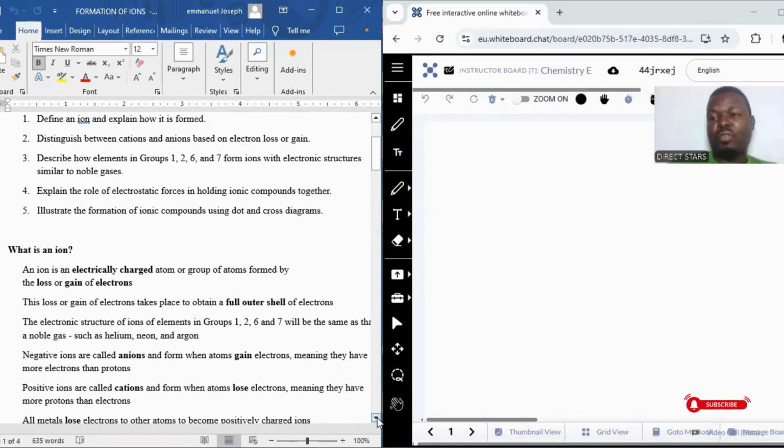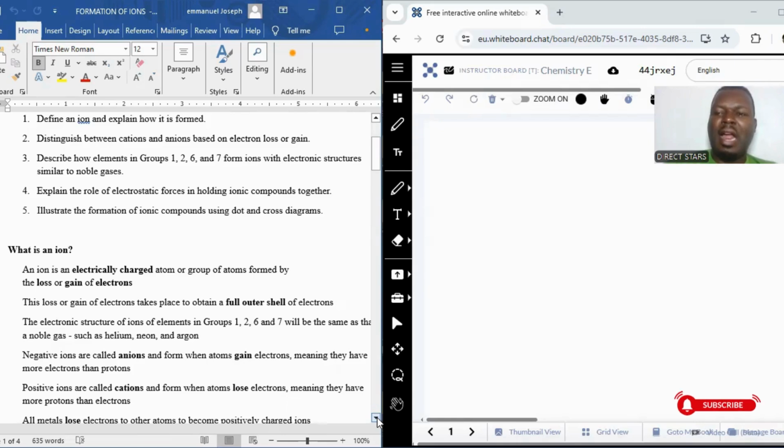A good example of these noble gases are your helium, which has a duplet structure. What we mean by duplet structure is that it has the first and the highest shell of it completely filled by 2 electrons. And when we say octet structure, we mean for those of argon, those of neon that have complete 8 electrons.